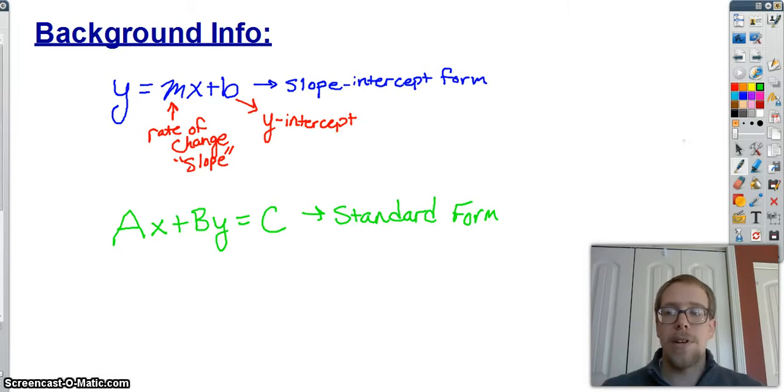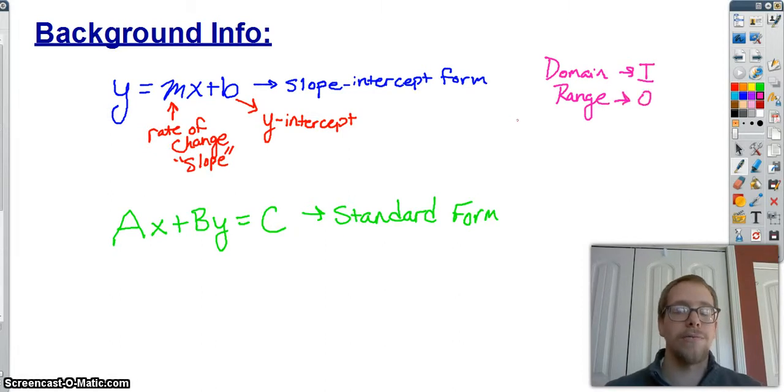And keep in mind some of the vocabulary we went over in the last video. You're going to need to keep in mind terms like domain and range, keeping in mind that the domain, those are your inputs, and the range, those are the outputs of this linear function.